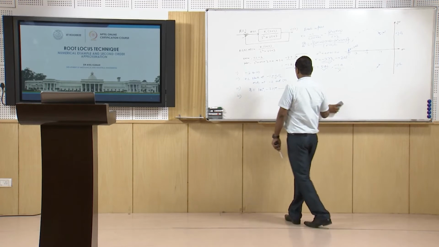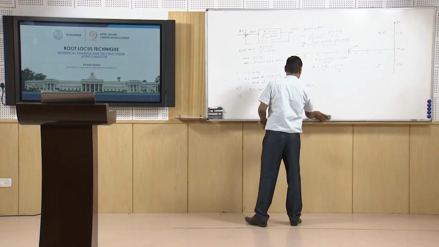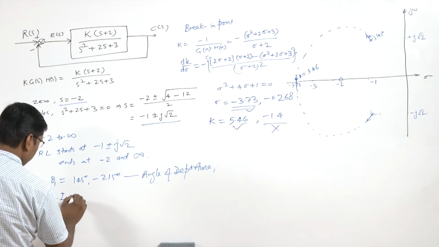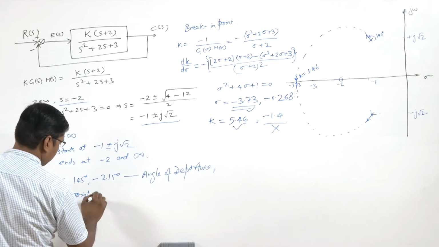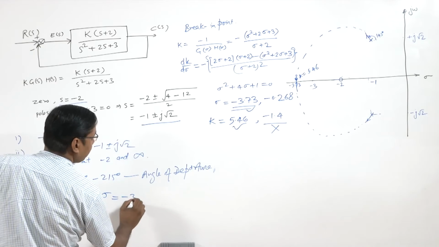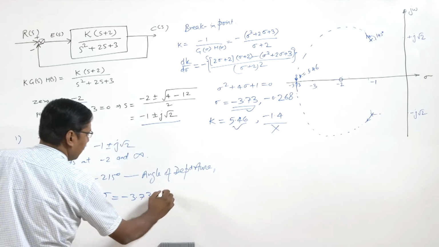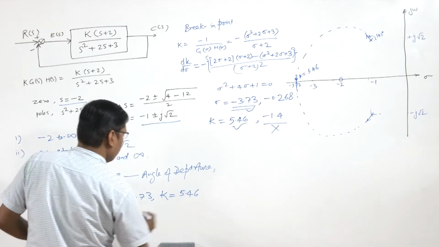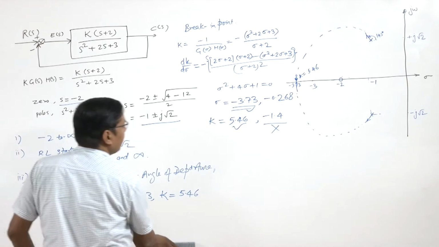So we have got the break-in point: sigma equal to minus 3.73 and k equal to 5.46.